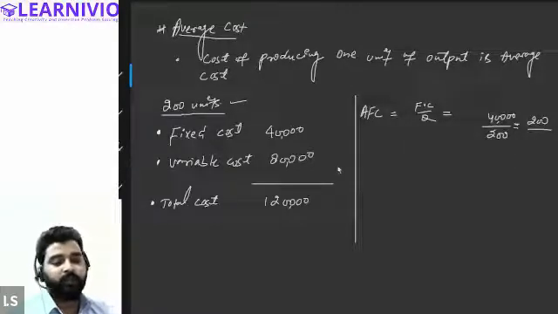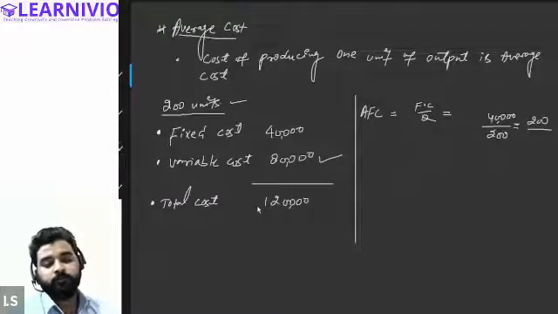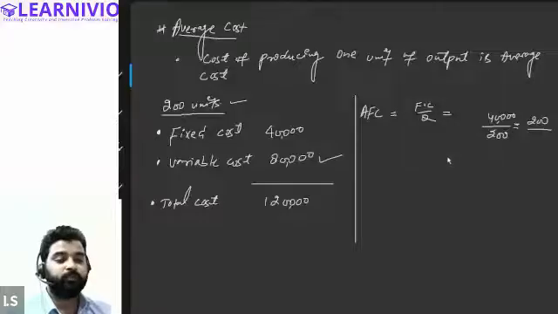Now, similarly, can anyone tell me the variable cost of producing 1 unit of output? The variable cost of producing 200 units of output is 80,000. But what will be the variable cost of producing 1 unit of output?